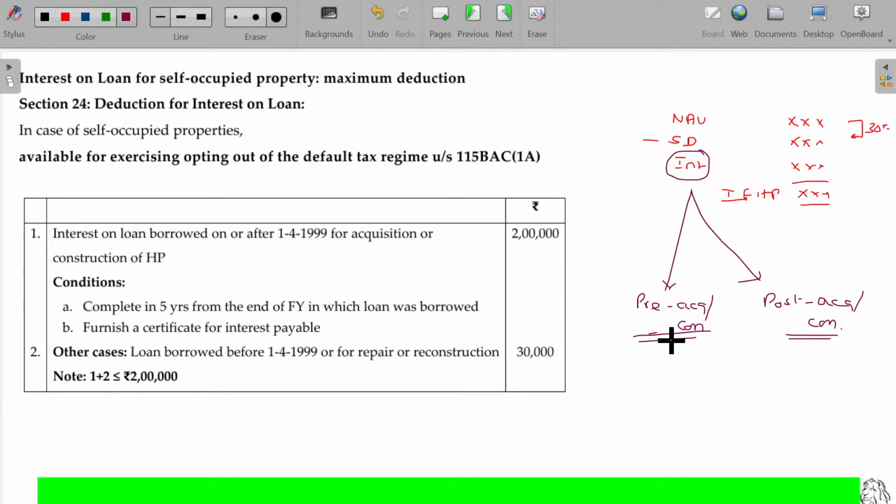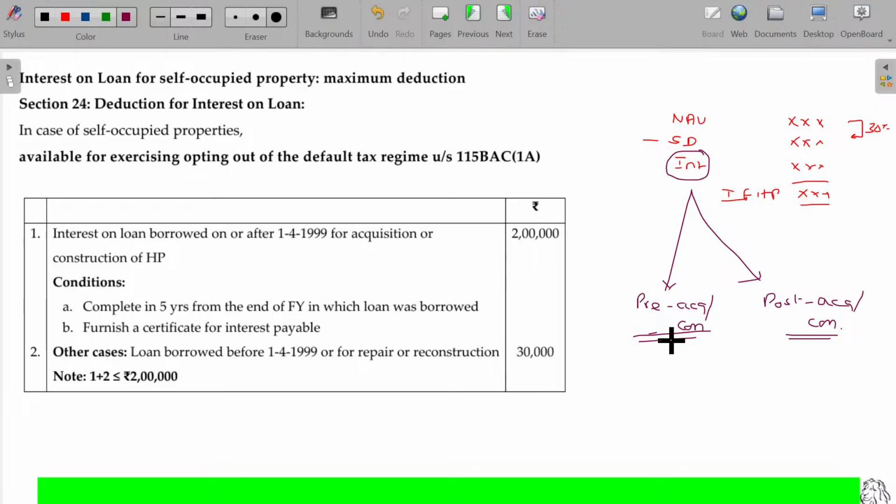The same happens here also. The building is still under construction, it's not generating any income. As the building is not capable of generating income, the interest on the borrowings is an expense payable. All these expenses are grouped and accumulated. Once the building is completed, it is capable of generating income by letting it out. Thereafter, whatever interest you pay can be deducted directly from the income generated by letting out.